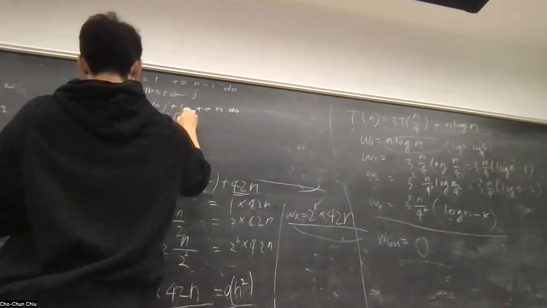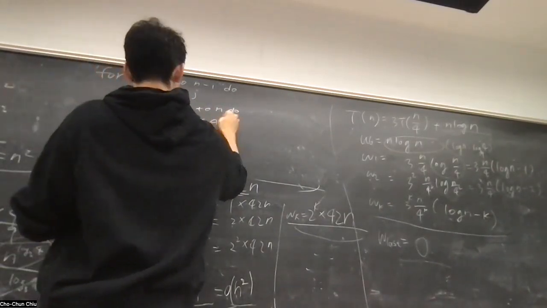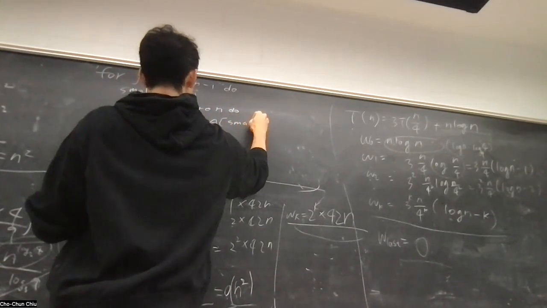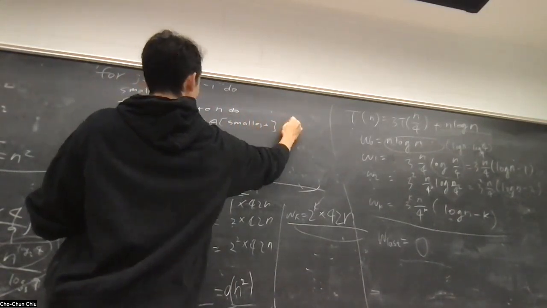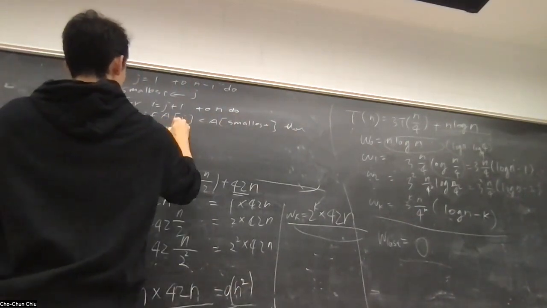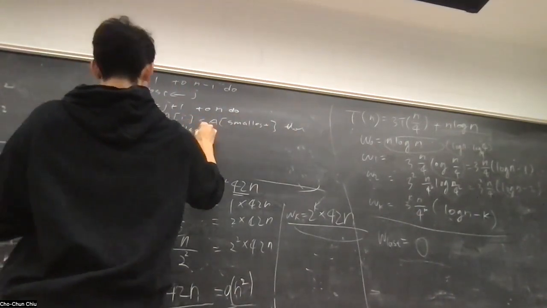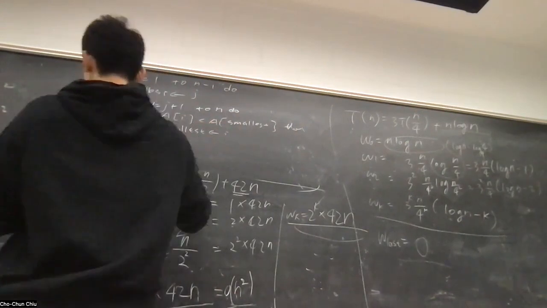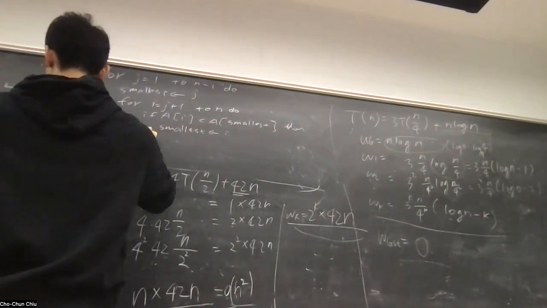If A[i] is smallest, then we allocate the new smallest by i, and then swap.